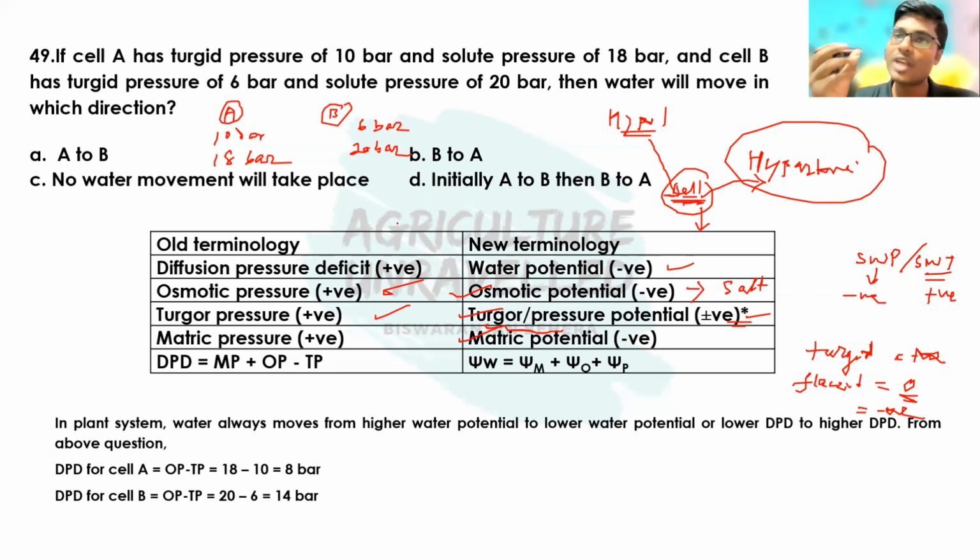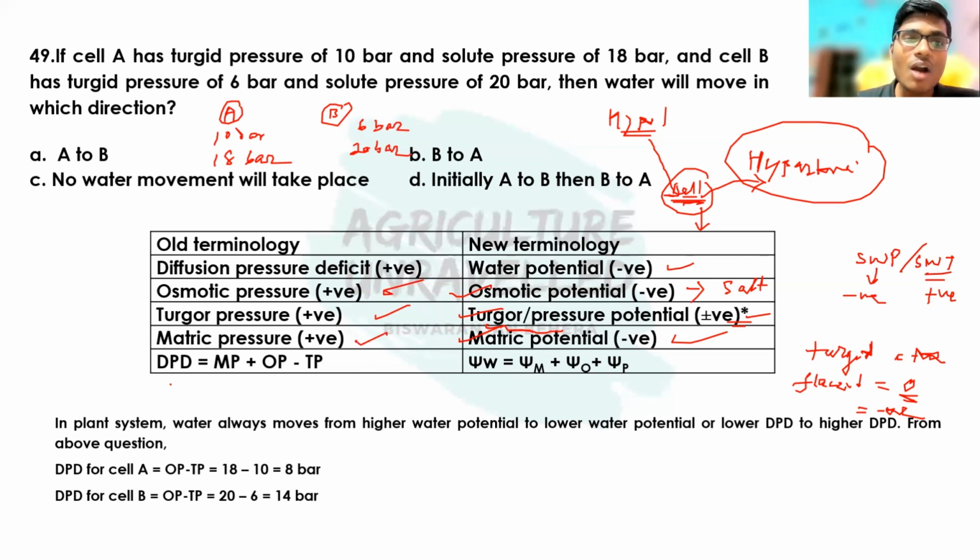As a result, the potential energy of water will be reduced. That is the reason why matric potential is always negative, but the matric force is always positive, because the matric force indicates the ability of the extracellular substances to hold water in it. So here the matric force or matric pressure is always positive.